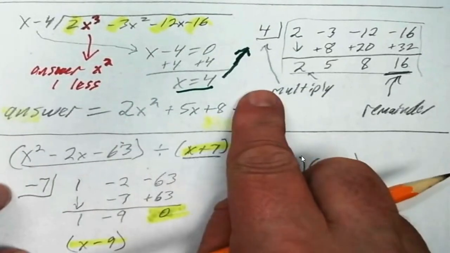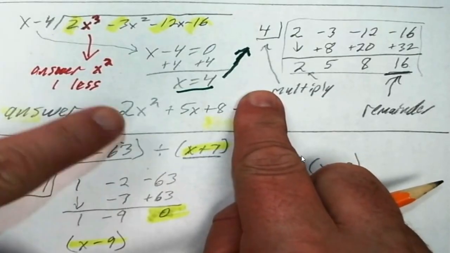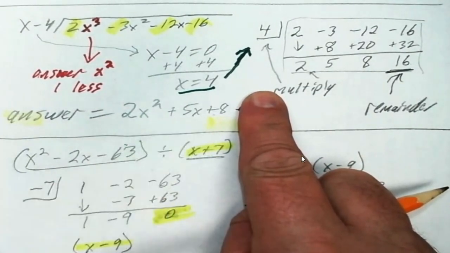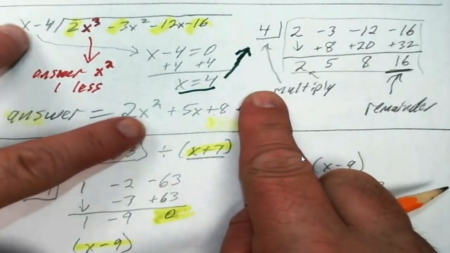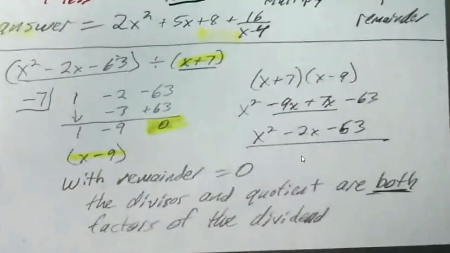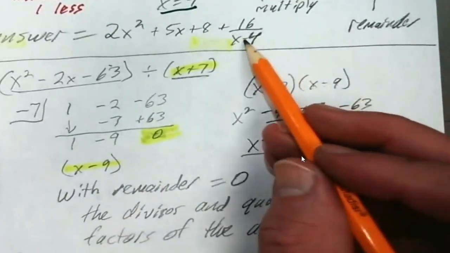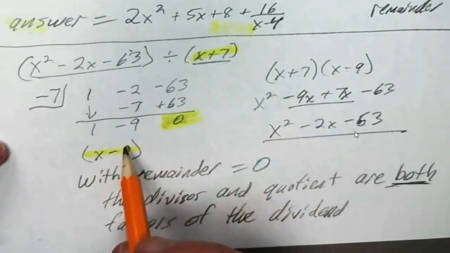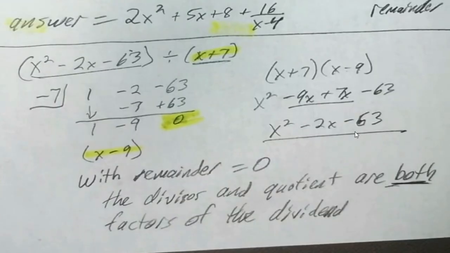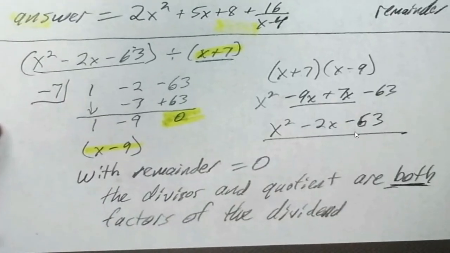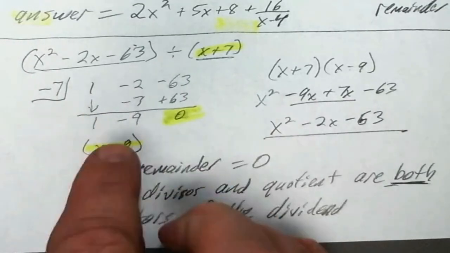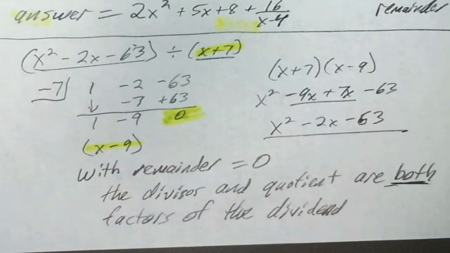If this had a remainder of 0, you know this and this would both be factors, but maybe this factors further. This may not be the simplest factor, but they would both be factors with a remainder of 0. That wasn't the case up here. We had a remainder of 16. But with this one, these are both factors that would multiply together to be the original. Thank you, synthetic division. This was pretty simple compared to long division.